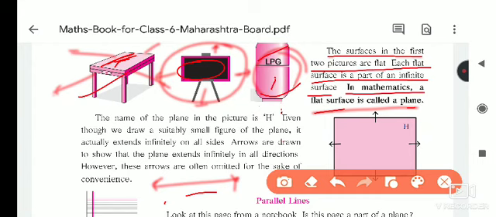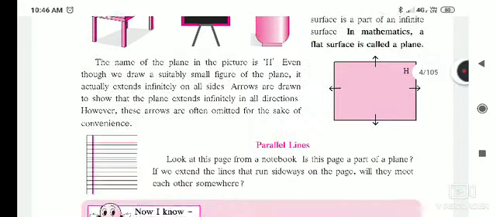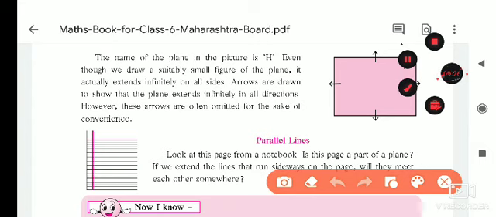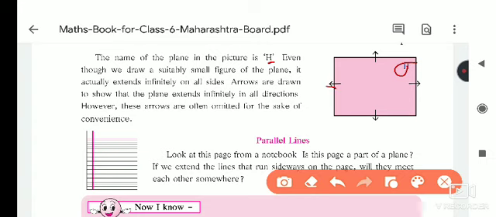Now next, name the plane. See here, the plane in the picture is H. So this is the picture, and here is the name H, and here they show arrows, and these arrows show that we can increase it on all 4 sides.